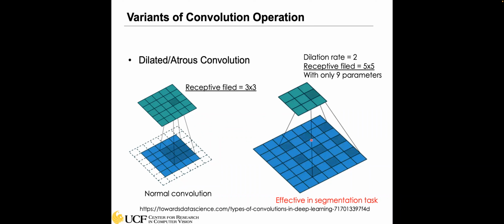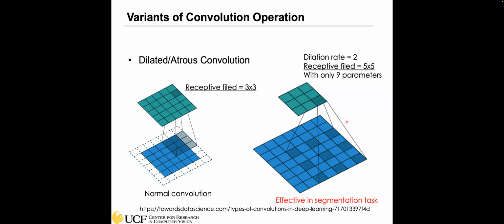So the benefit of this dilated convolution is that you don't increase the number of parameters or weights. If you want to cover a 5x5 region, the normal choice is to use the normal 5x5 convolutional kernel.